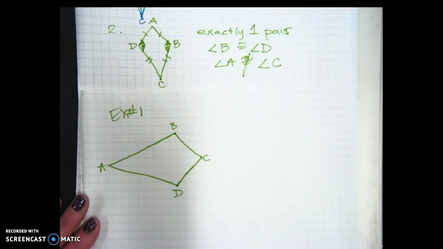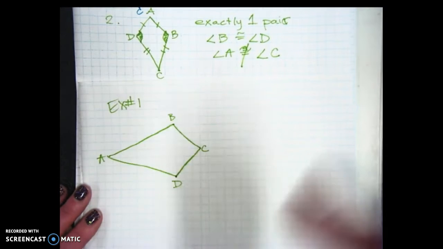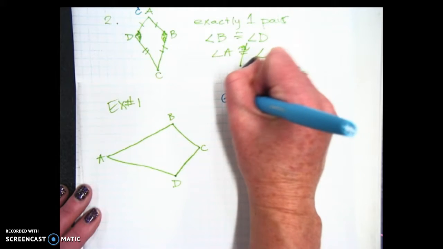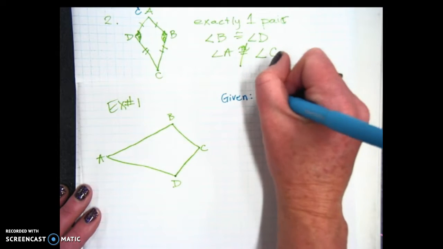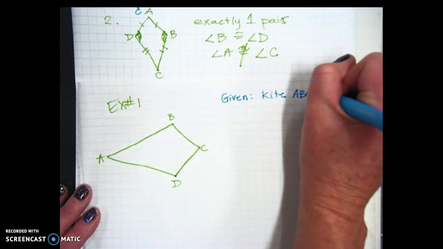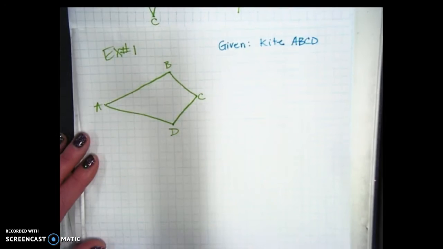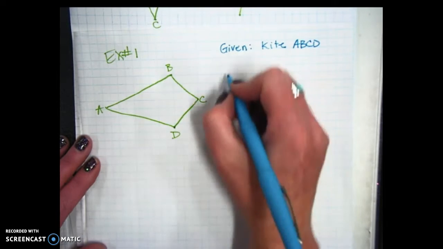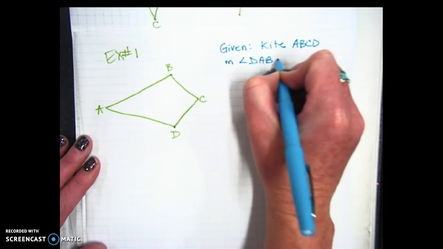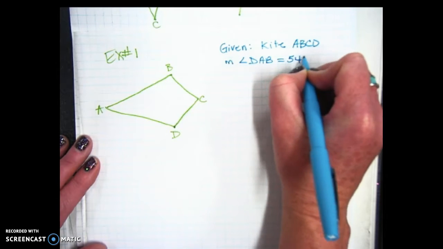We'll call this one A, B, C, and D again. I'm going to give you some information. Given that it's definitely a kite, I'm going to name it A, B, C, D. And the measure of angle DAB is equal to 54 degrees.